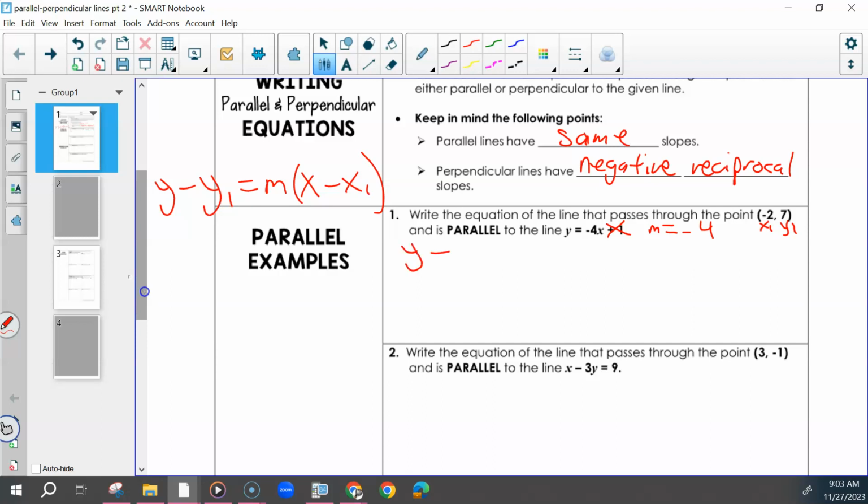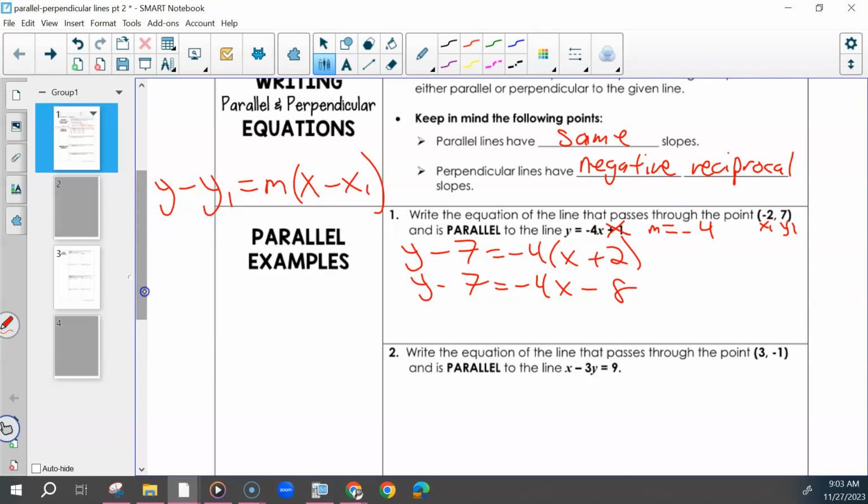Y minus our y1, 7, equals our slope, -4, times x. I'm going to change this to a plus instead of putting minus minus. If you still want to put minus minus, that's fine. You just have to change it to a plus before you distribute. And then we can go ahead and distribute. Y minus 7 equals -4x minus 8.